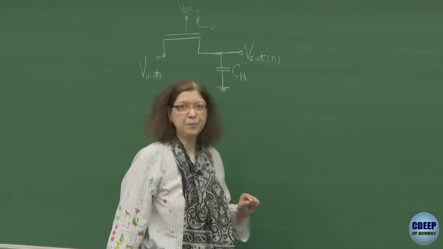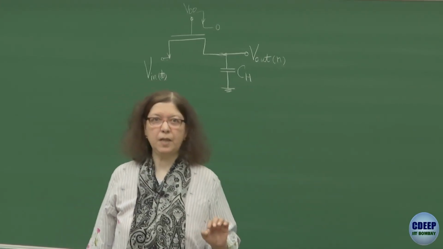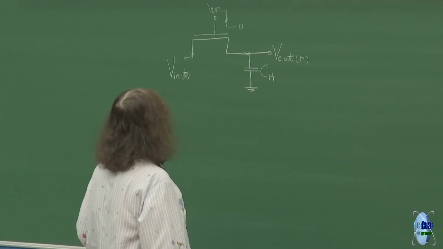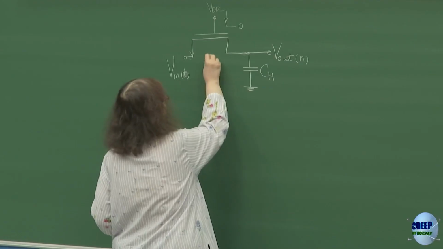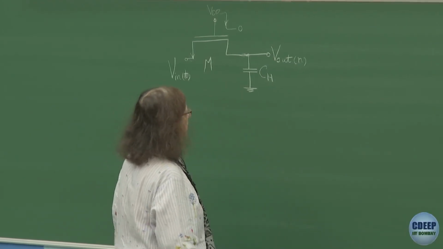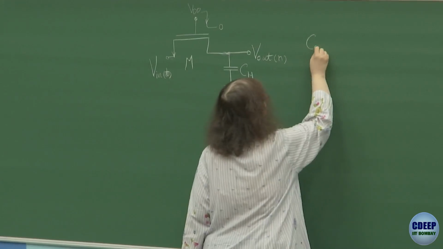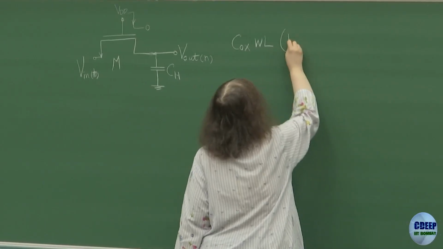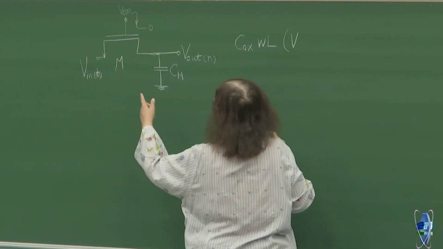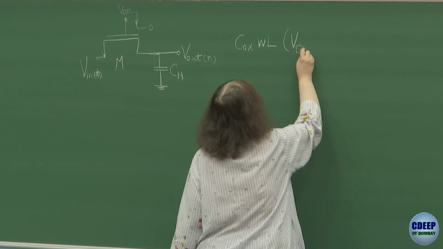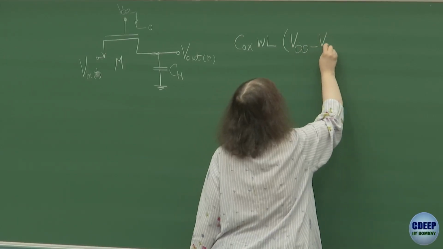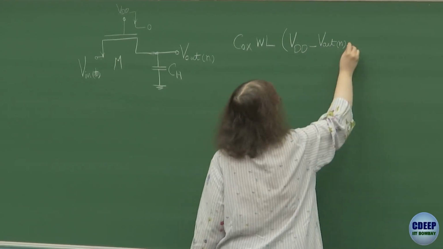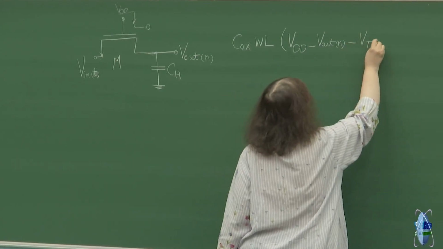So at the time exactly when the clock goes low, so this is for n-channel switch. In this transistor M, we know that the charge which is stored in the channel is Cox W L VGS, which is eventually VDD minus V out N minus the threshold voltage of the n-channel transistor.